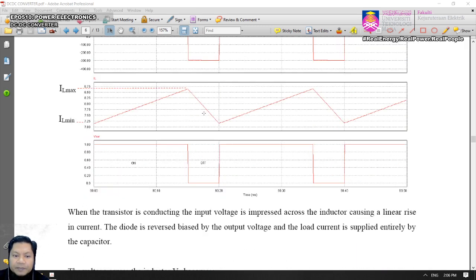Look at the waveform now. Okay, so this is your current IL. So because of that, VL equals to V in. So there will be a positive voltage impressed across the inductor, causing the current to linearly rise from IL min to IL max.